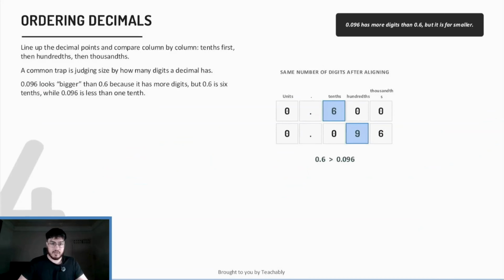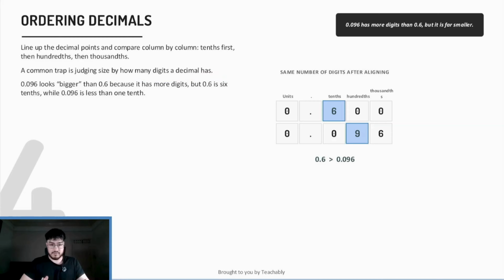Let's move on. Ordering decimals. Line up the decimal point and compare column by column. Tens first, then hundreds, then thousands, then 10,000s. It's very similar to what we were doing in the first slide, and then just compare. A common trap is judging size by how many digits a decimal has.